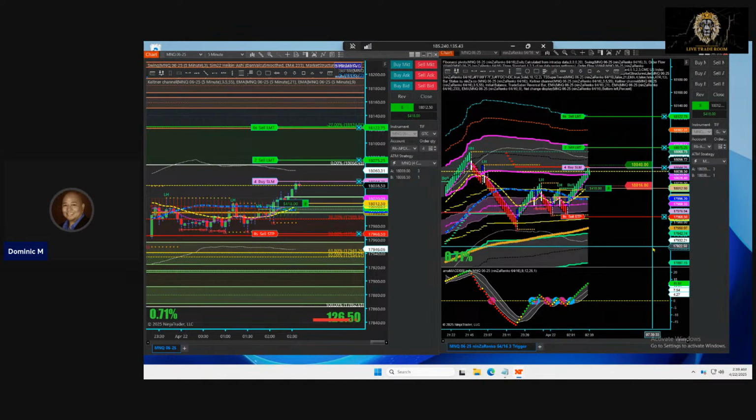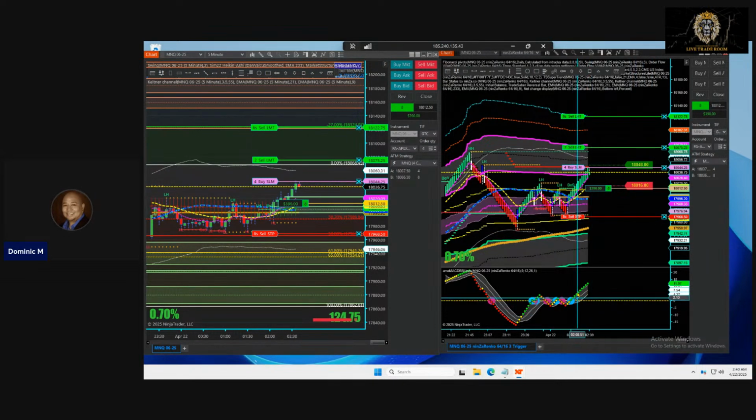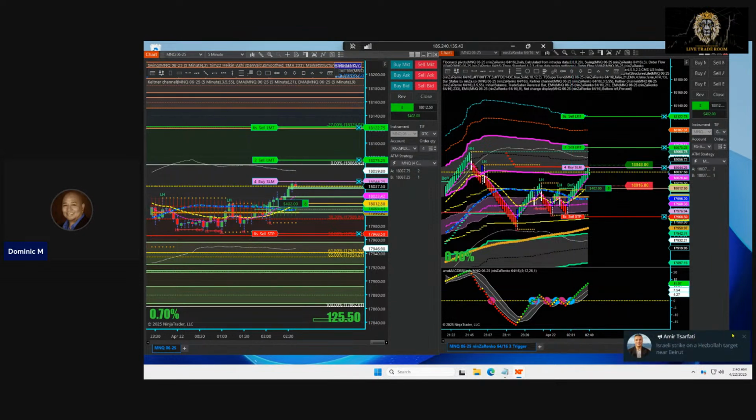Order submitted. Okay, so I'm scaling in another 8 contracts here. I'll leave my profit targets there. Again, based on the MACD, we still have good strength on the momentum.